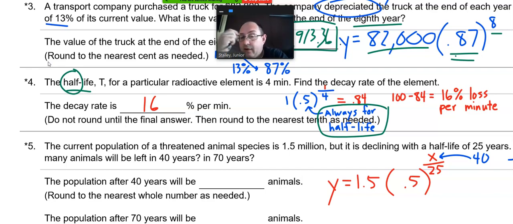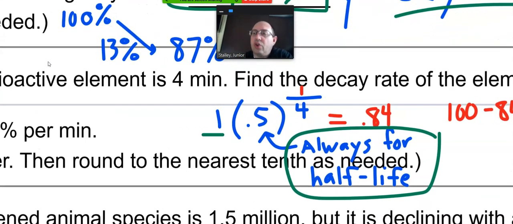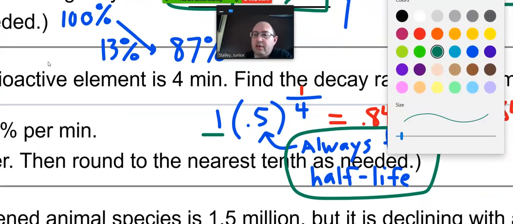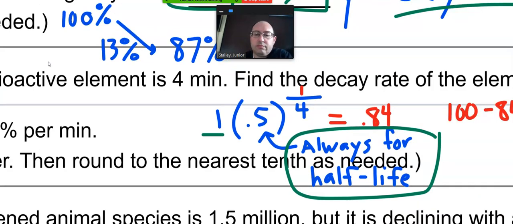Okay, now, with that being said, how much do you start with? Well, typically that's this number that's out in front. Since this question is asking about a percentage that we're losing, we're going to treat this a little bit differently. We're going to start with 100%. So this number 1 really represents 100%.